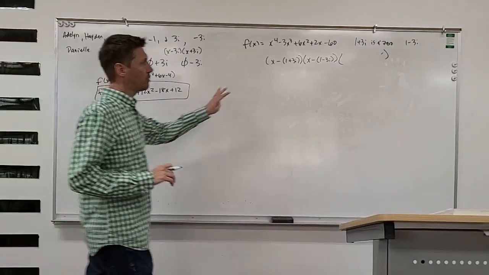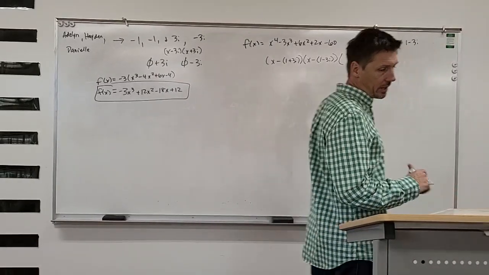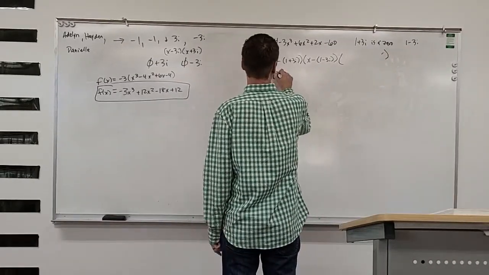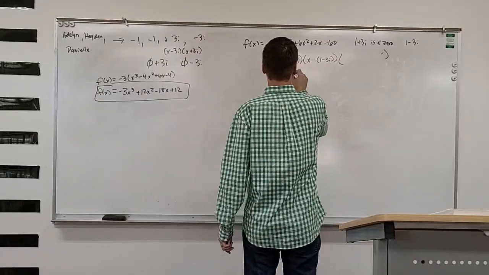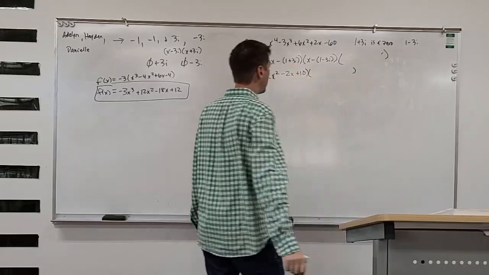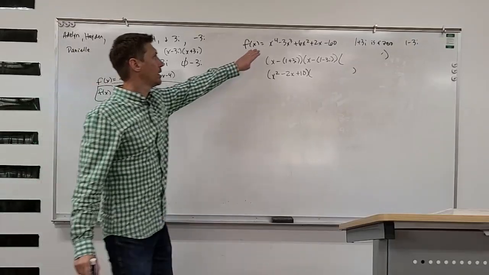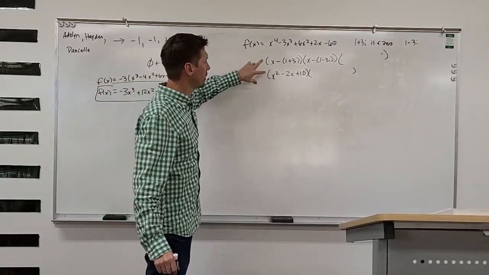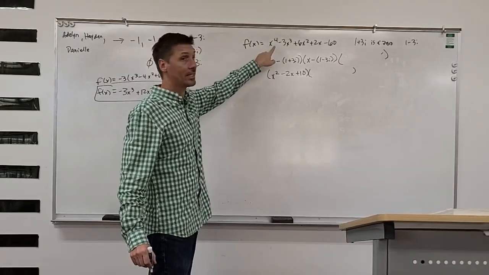And so if we multiplied these together, we would find out that this whole thing here is x squared minus 2x plus 10. So this times, again, some other unknown quadratic function would equal my initial function. And so now that I've figured this out, I can use long division to divide this into that.